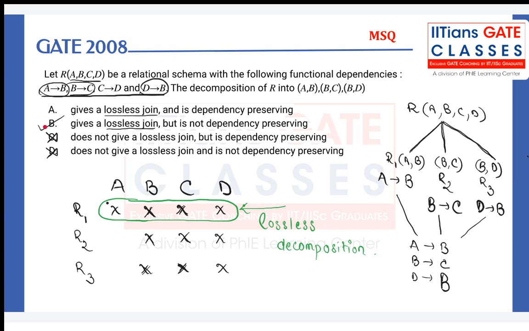There is no information lost, and it is dependency preserving. Okay, that's the best case you will get. But in this case, the way it has been decomposed, after you join them back, you are not getting C derives D. That's why it is not dependency preserving. Option B will be the right answer. Okay. Any issues with this question? Can I proceed now?